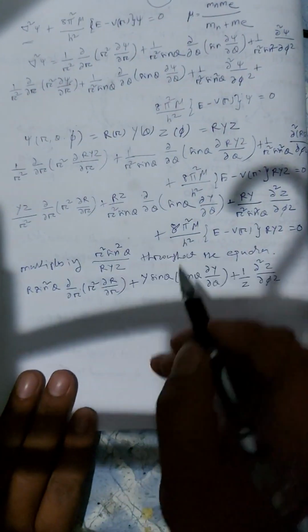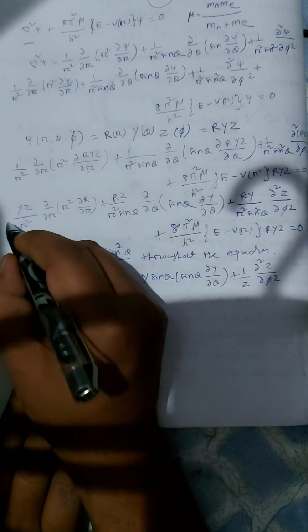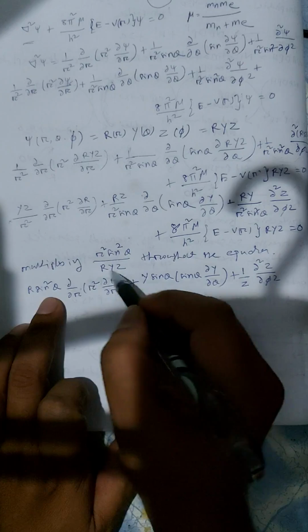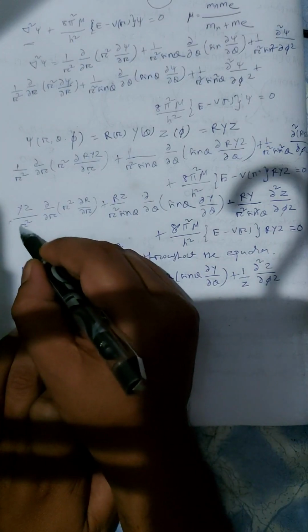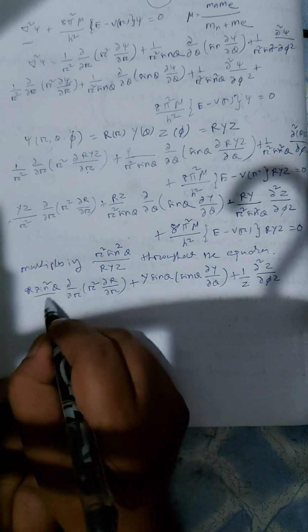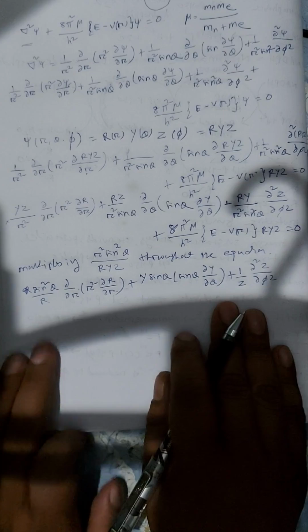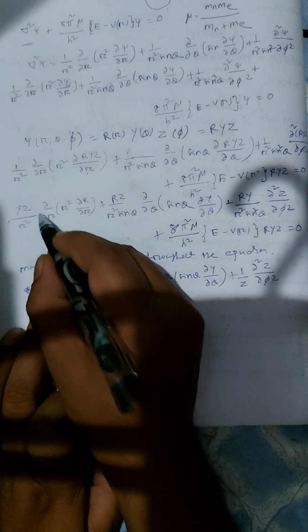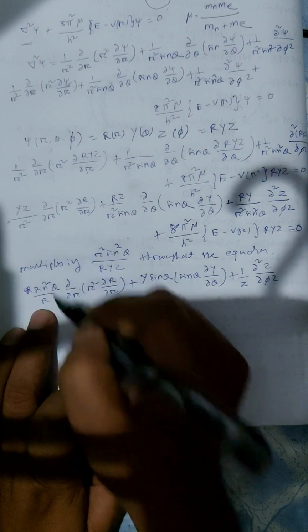Here you multiply r square sin square theta: r square cancel, sin square theta remains. Then with RYZ, YZ cancel and R remains as denominator, because divided by R, YZ cancel and R is remaining.